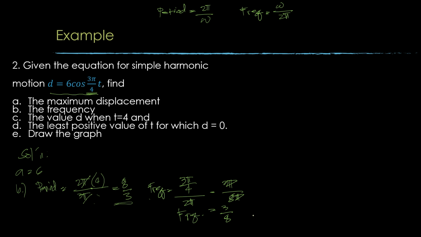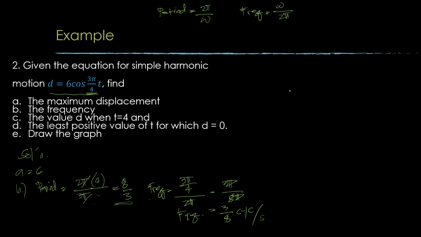Do you have any question? Meaning, you have 3/8 of a cycle per unit of time, and since the time is in seconds, you have 3/8 of a cycle per second. That is your frequency: how many cycles are made per second.